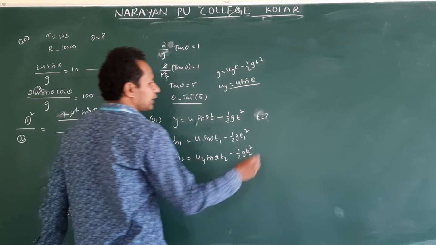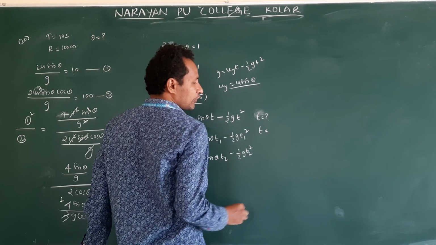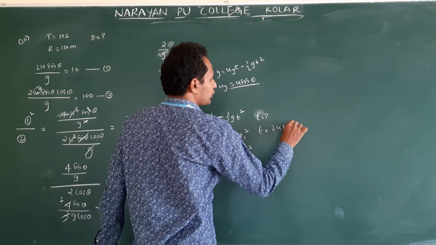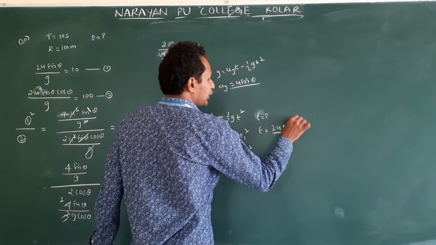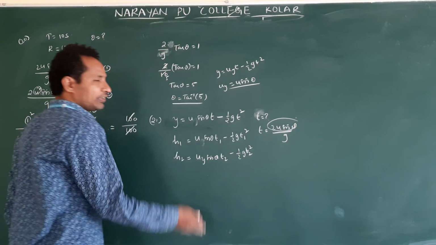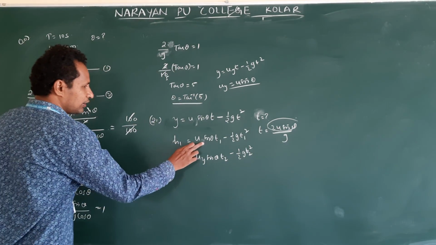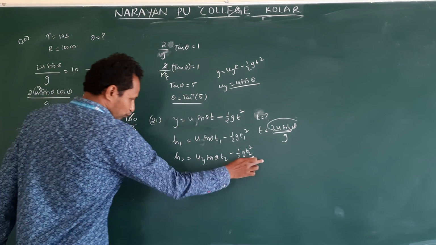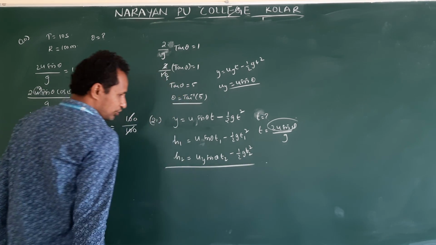They are asking the total time of flight. What is the total time equation? 2u sin theta by g. If we get 2u sin theta by g, then we will get the answer. So from this, add these two.